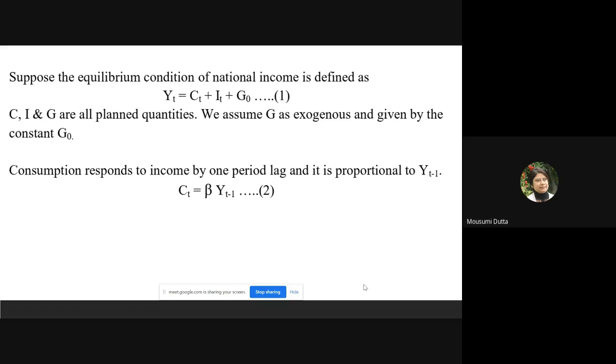Okay, so Samuelson framed consumption in this way, and he assumed C_t is proportionally related to Y_{t-1}. So it is not a linear function of Y_{t-1}. Rather, it is proportionally related to Y_{t-1}. So this is equation number 2.